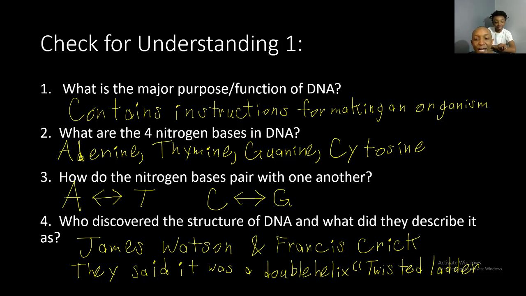And number 3, how do the nitrogen bases pair with one another? Adenine goes to thymine, and then cytosine goes to guanine. Very good. And then number 4, who discovered the structure of DNA and what did they describe it as? James Watson and Francis Crick discovered the structure of DNA, and they said that it was like a double helix, aka twisted ladder. Alright, very good, Jay.